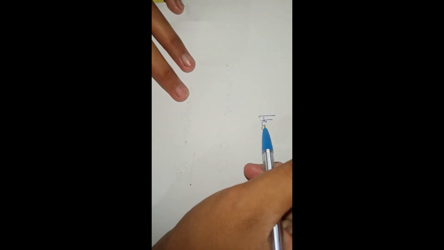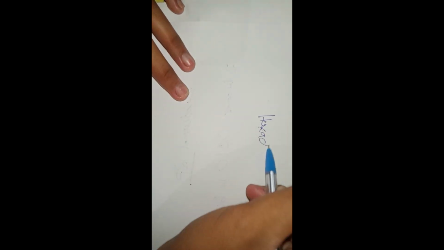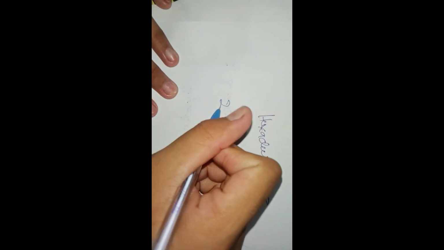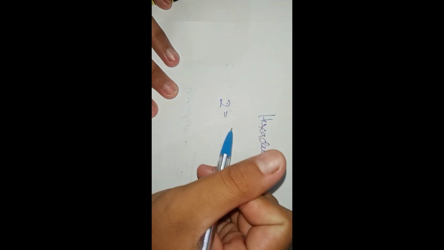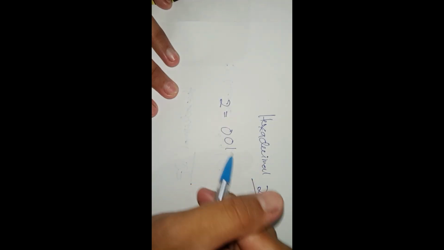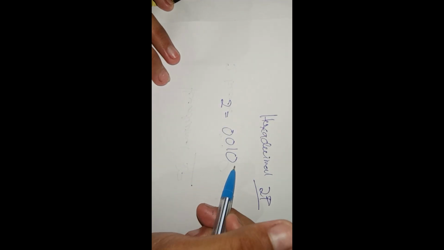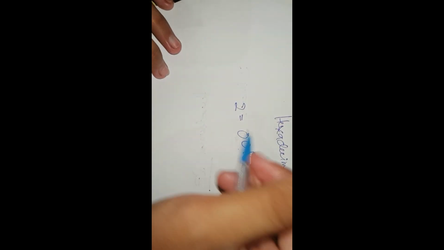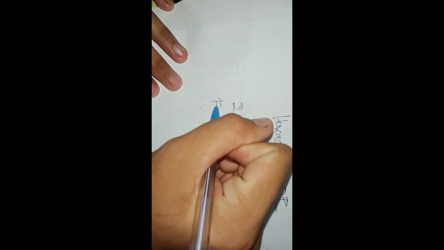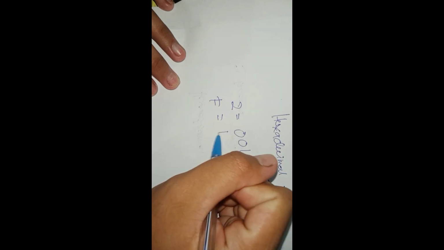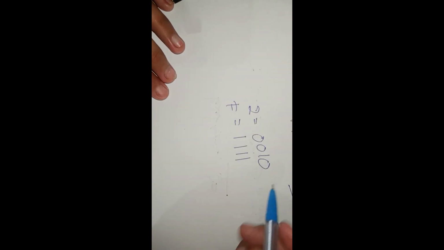For example, if we have hexadecimal 2F. The digit 2 becomes 0010 in binary. And the letter F becomes 1111 in binary.